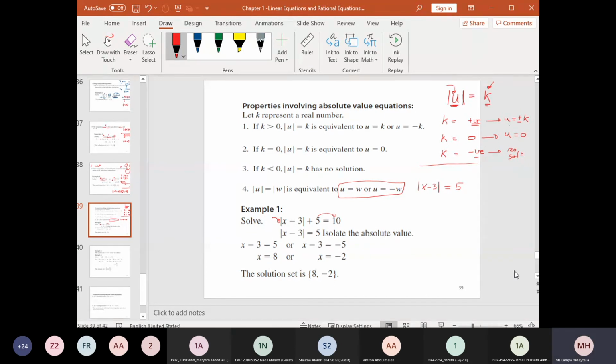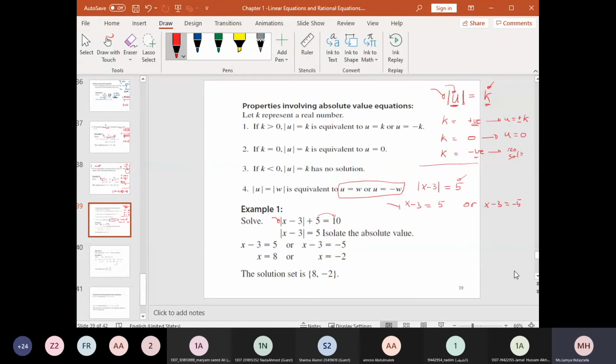Now we'll solve. Is it in the same formula like this? Yeah. Positive or negative? k is positive. So what is the solution? I will have two solutions. x minus 3 is equal to 5, or else x minus 3 is equal to minus 5.